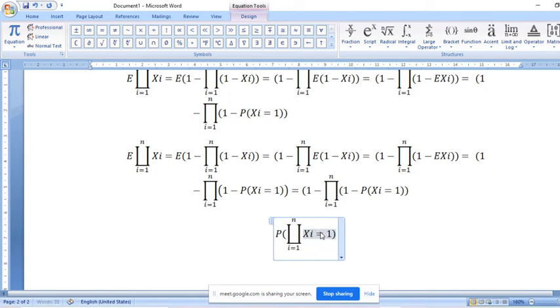That is actually the expectation value. So expectation of union xi equals probability of union xi equal to 1. That is actually equal to what we have obtained.